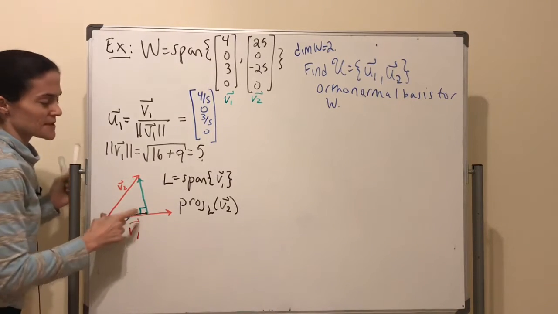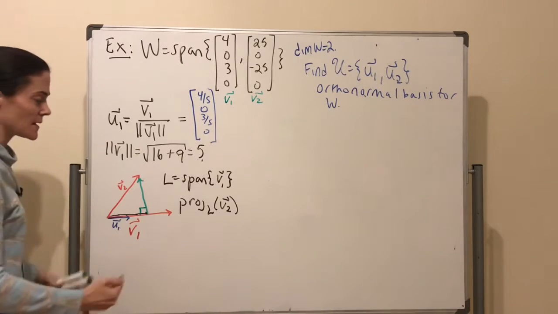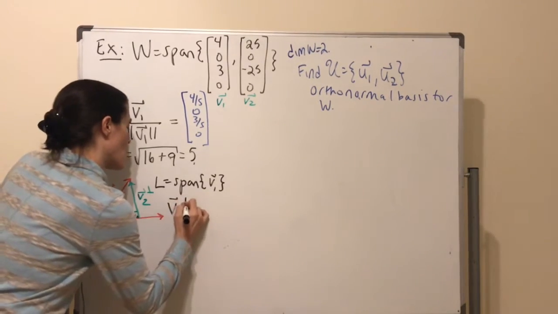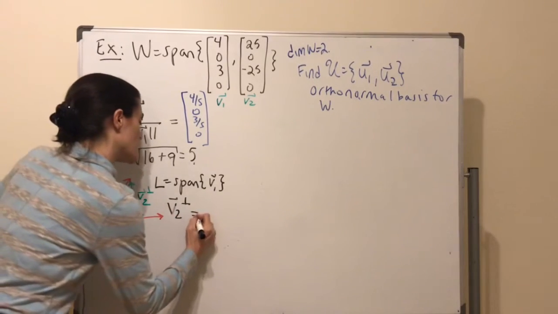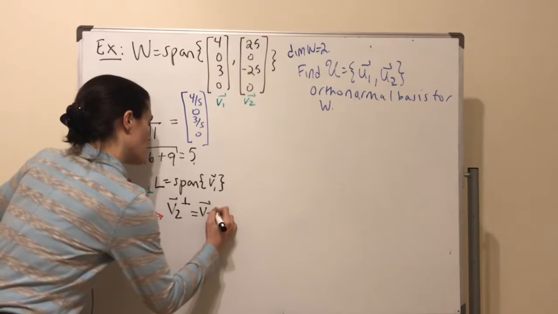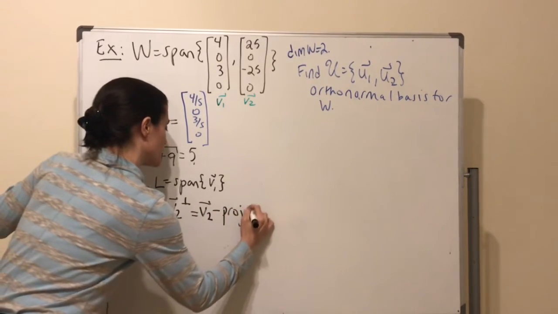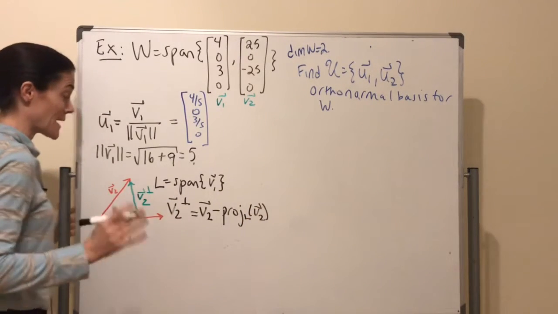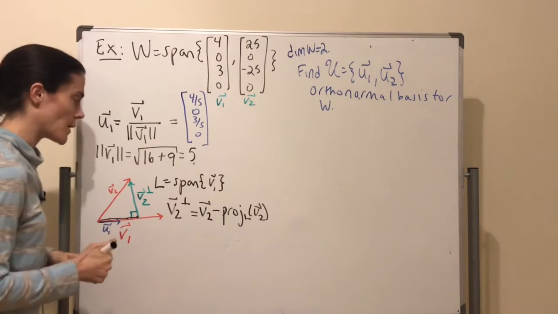Well, of course, this is not going to be the orthogonal one. It's this one. So this vector, which is the component of V2 orthogonal to the line, is V2 minus the projection, which is what I just erased. Because what I'm really interested in is the green one, right? This is the one that's orthogonal to V1 and similarly to U1.